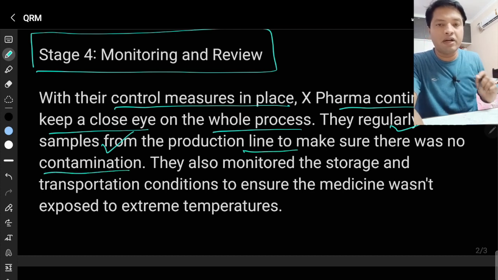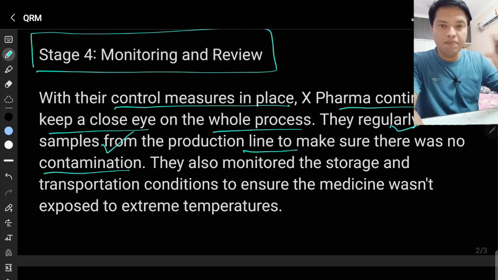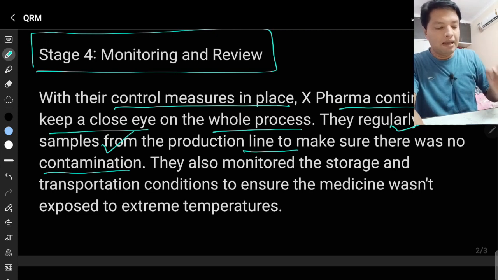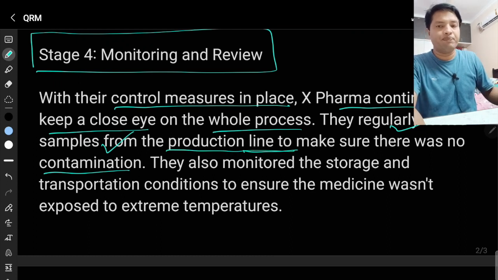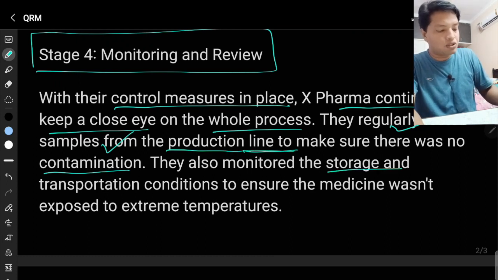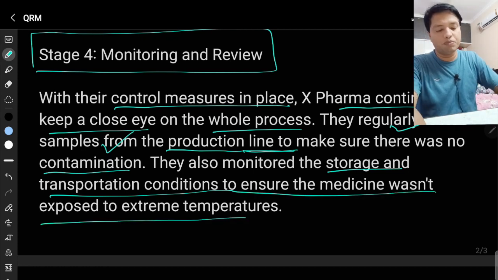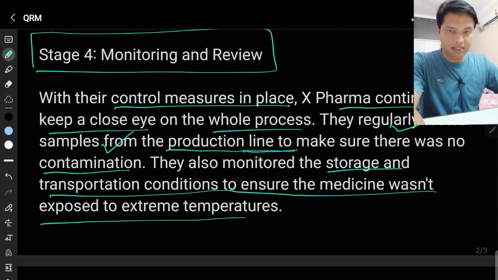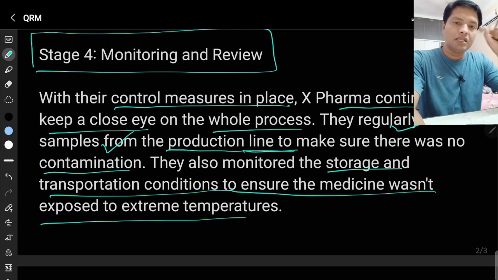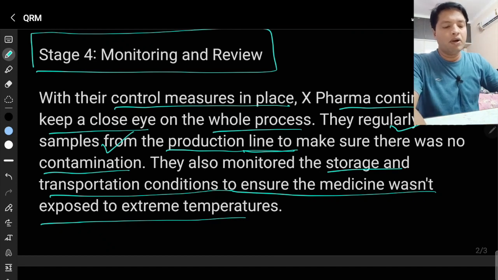How do you know the risk control measures are working properly? By closely monitoring the production line. They also monitor the storage and transport conditions to ensure that medicine isn't exposed to extreme temperature. Our main risk was contamination, so they closely monitor contamination in all the production lines. That's what they are doing for monitoring and review.